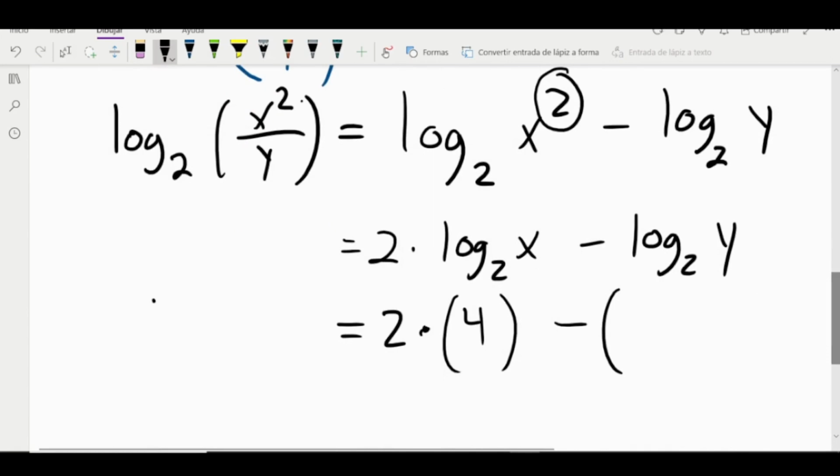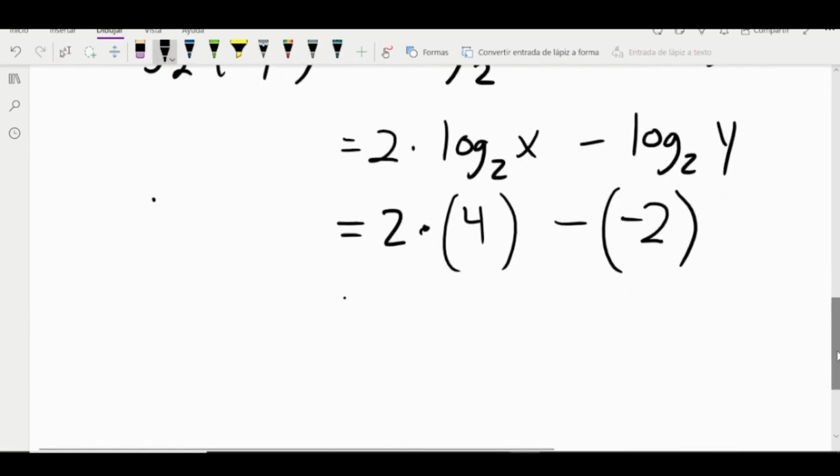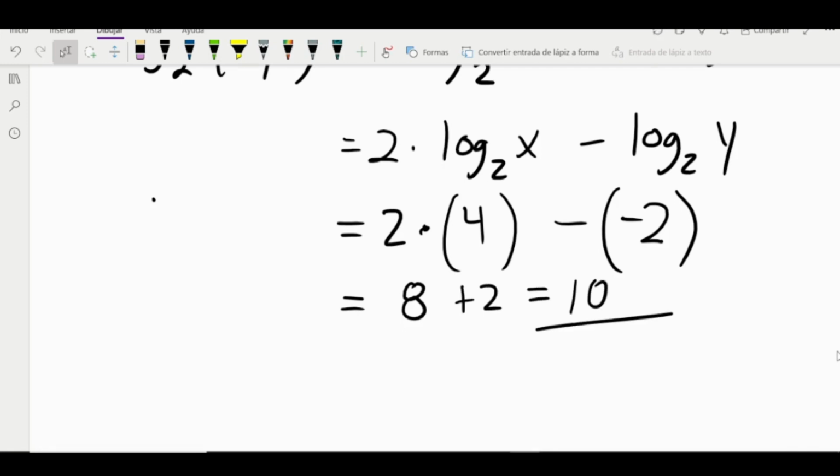So we can make the substitution here, and we have 2 times 4, so that's 8. And minus times minus 2, remember the properties of the signs: when we multiply with the same sign, it's going to be positive. So minus times minus is plus 2. So 8 plus 2 is 10. That's the result.